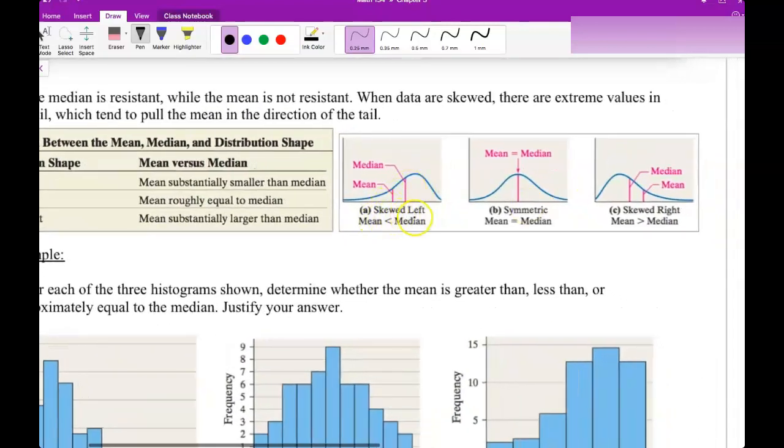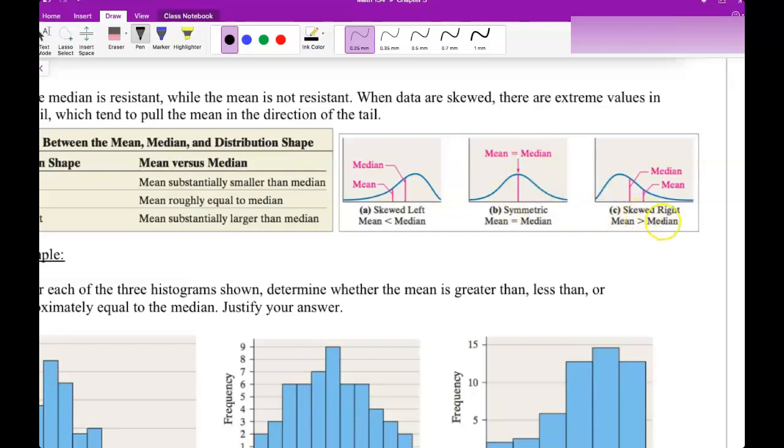When you have skewed left, that means mean is less than median. So this is our mean, in between, that is our average. So mean is less than median. But for symmetric, mean is exactly equal to median.